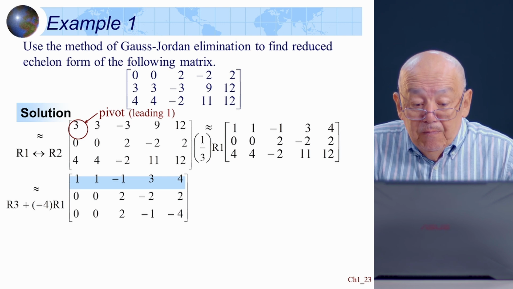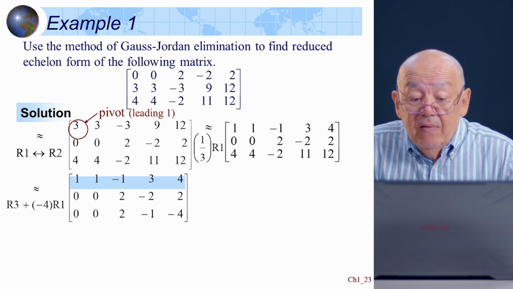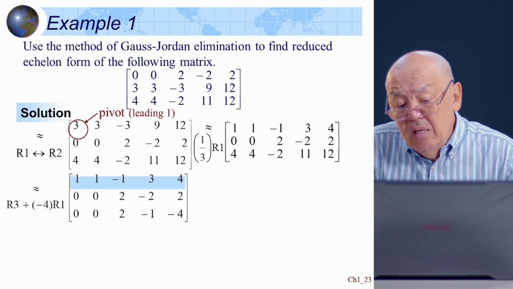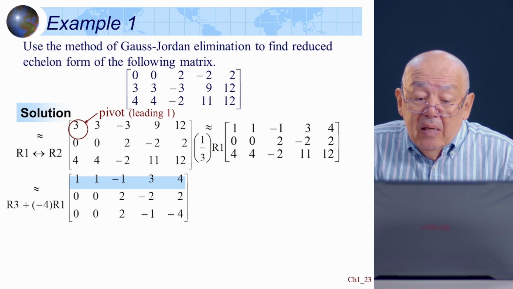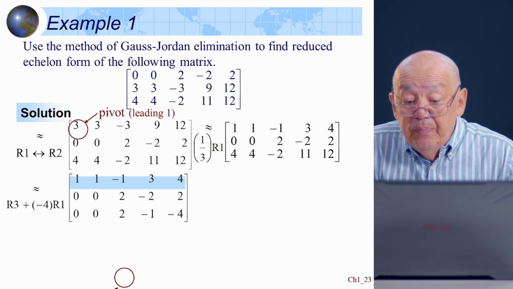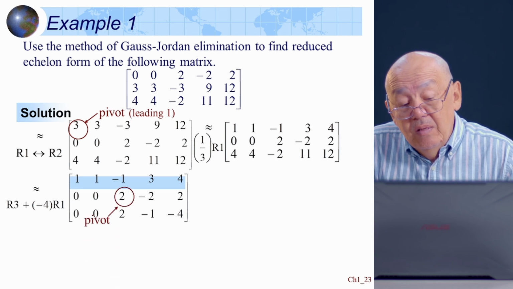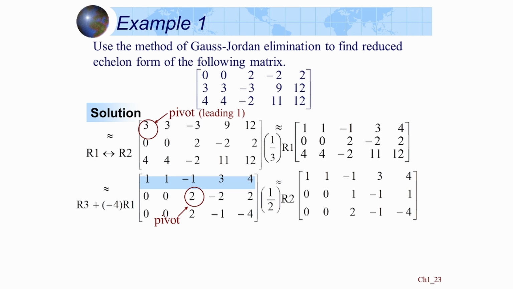And again, we look for the first non-zero element of the remaining rows, and we see it can be found only in the third column. You can choose any one. Let's choose the first non-zero element of the second row. Again, to get a leading 1, we divide the second row by 2. We choose it to be the next pivot element. Divide the second row by 2, and get the following matrix.